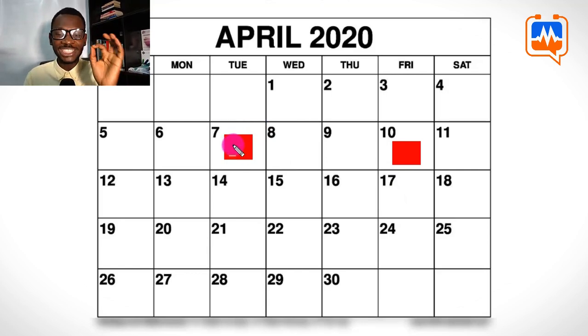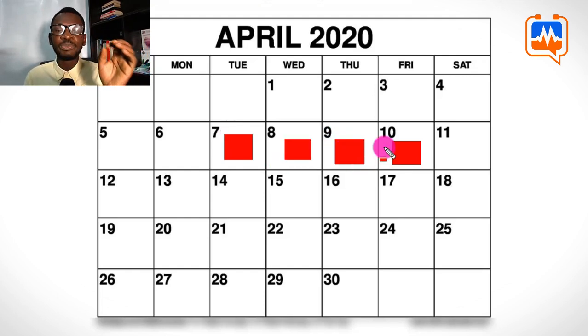So the day you started bleeding on the 7th will be day 1, on the 8th will be day 2, on the 9th will be day 3, on the 10th will be day 4, on the 11th will be day 5, and so on. So first point, you start counting and you start calculating from the day you started your period, not from the day you finished. And the day you started your period will be day 1, the next day will be day 2, and day 3, day 4, day 5, and so on.